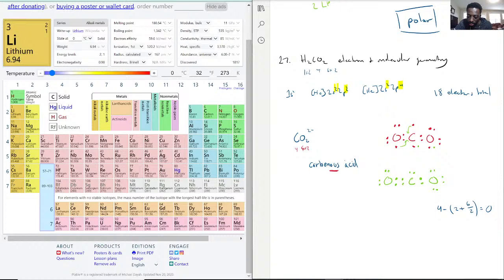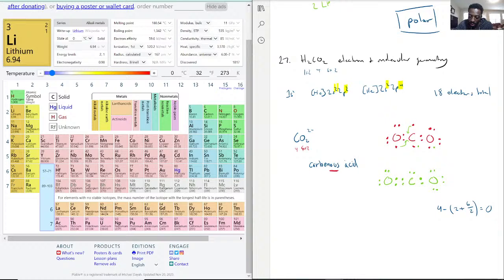Oh, is that correct? 18. Interesting, because I definitely added 2 electrons, because carbon is still 4. No, something's not right here, because 18 electrons total for CO2 2 minus. And we have 2, 4, 6, 8, 10, 12, 14, 16, 18. What am I missing here?